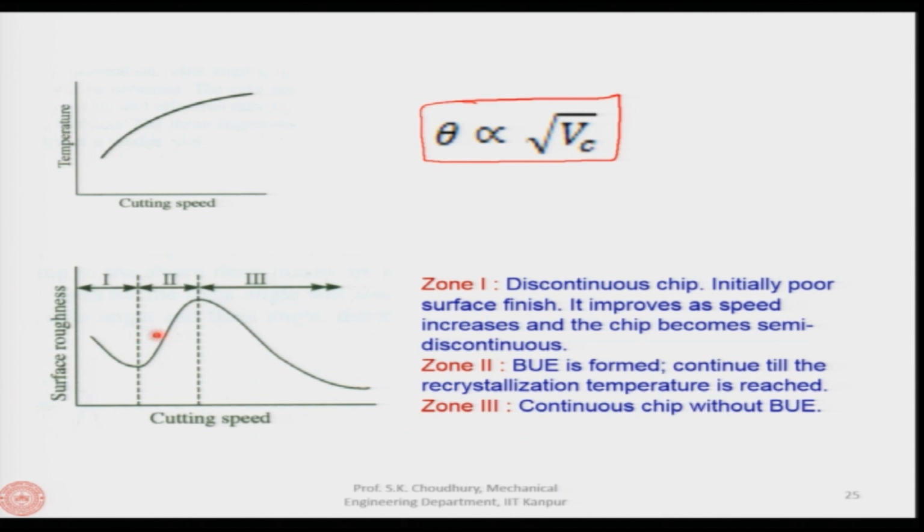In zone 2 here, as I explained, the built up edge is formed, continuing till the recrystallization temperature up to this. Okay. And then after this, the third zone is the continuous chip without the built up edge formation. So, the surface finish becomes better and the values of the surface roughness reduce. Okay. So, this is what happens to the surface roughness as the cutting speed increases.